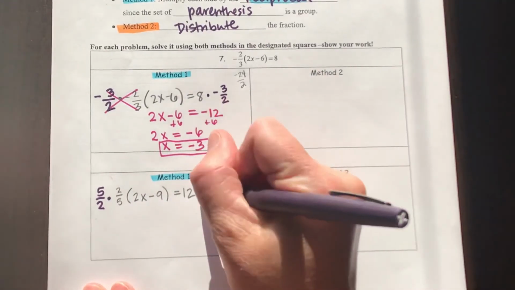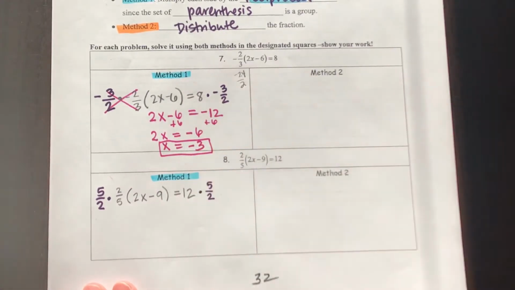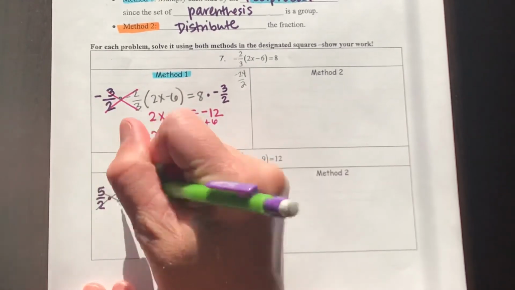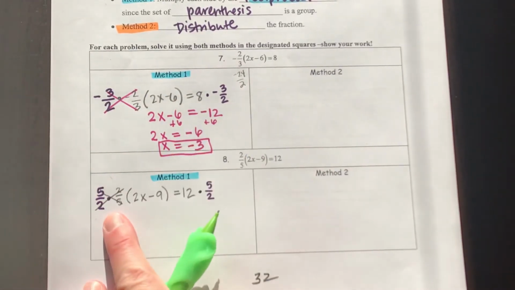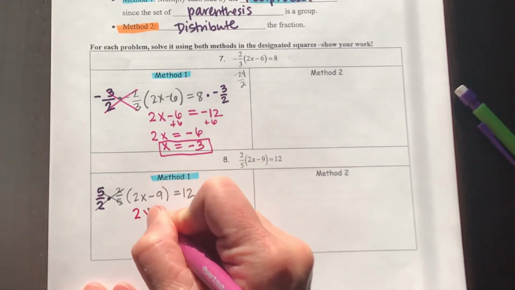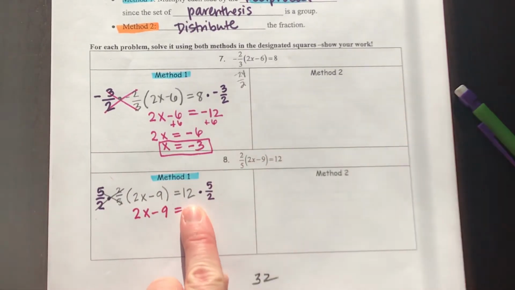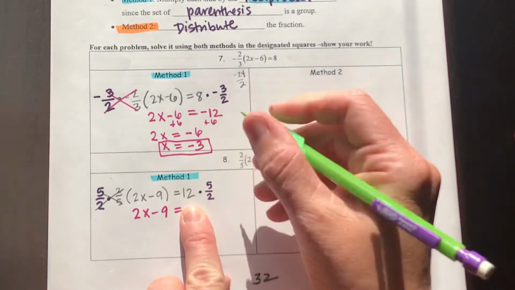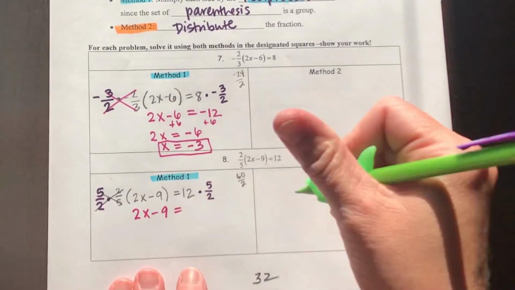I also need to multiply the other side of my equation by 5/2. On the left side, my 5/2 times 2/5 will cancel out, and I will be left with 2x minus 9. On the right side, I need to multiply 12 times 5. 12 times 5 is 60, and 60 divided by 2 is the number 30.